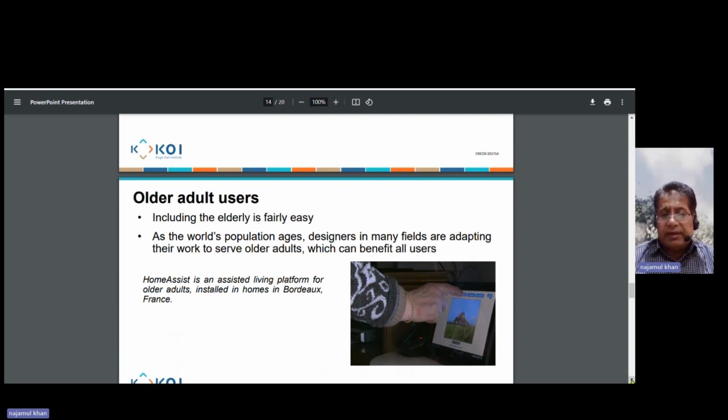If there are millions of users, then it is very important to design devices which will satisfy the needs of elderly users. For example, Home Assist is an assisted living platform for older users, which is installed in Bordeaux in France. So these kinds of systems are being used and installed, which will ensure that elderly users are also not left out.